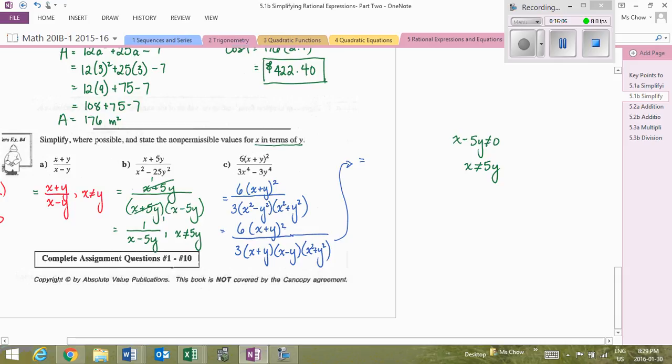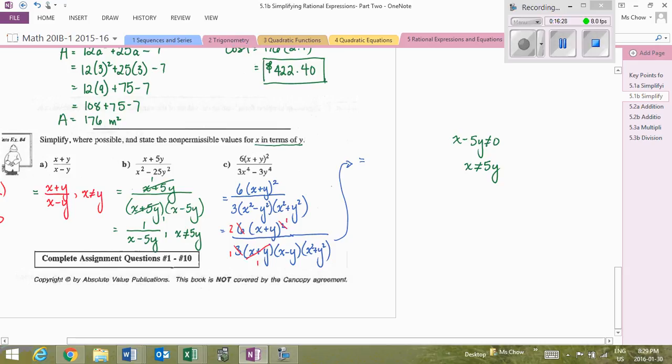If you wanted to expand x plus y all squared to x plus y times x plus y, that's fine. The alternative is when we simplify, we can say that 6 over 3 is the same as 2 over 1, and x plus y squared, well, one of these is gone, and that cancels with this one.